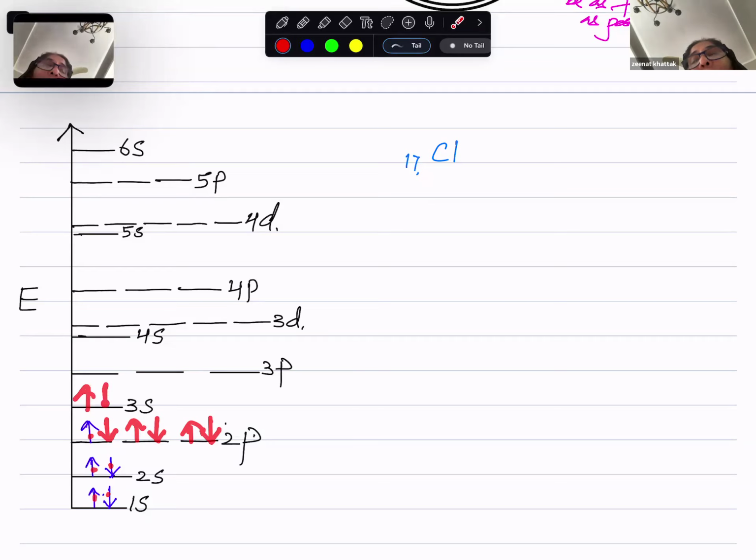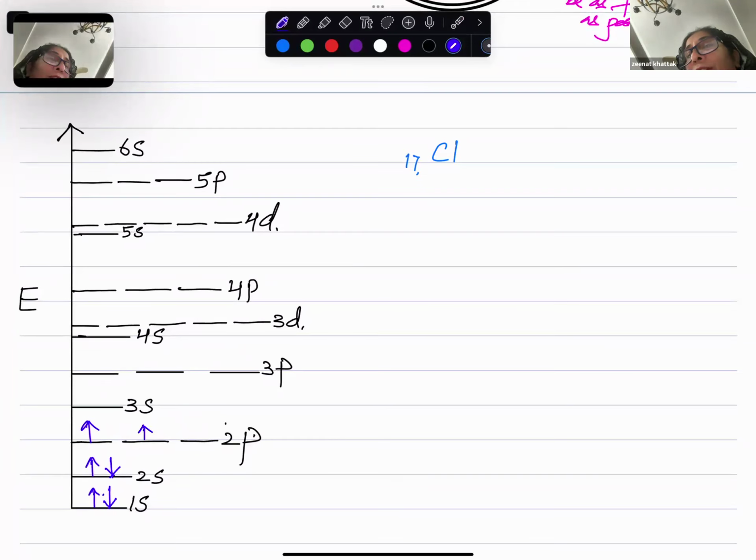The 12th pairs up. The 15th, the 16th, the 17th: single, single, single, because place is available. And then this is 16, and then this is 17. So 1, 2, 3, 4, 5, 6, 7, 8, 9, 10, 11, 12, 13, 14, 15, 16, 17.